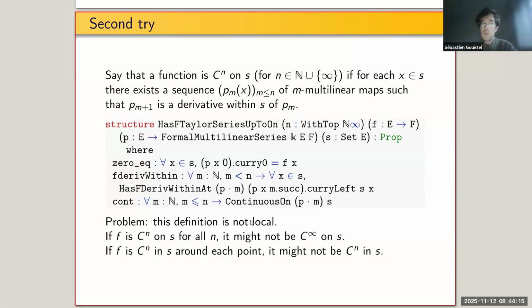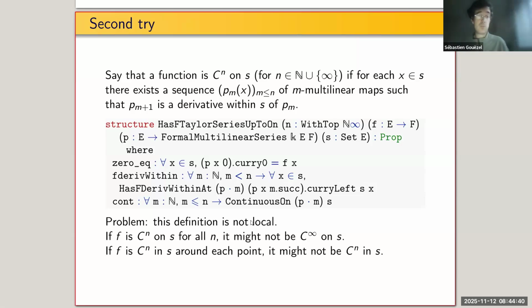If they match, you can glue them together and get something that works fine. If you're over the reals in finite dimension, you could use a partition of unity to put them together. But if you're not in finite dimension, and if you're not over the reals, you don't have partitions of unity, you cannot glue them together and you're stuck.